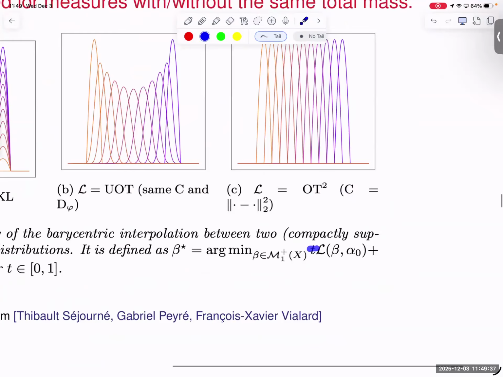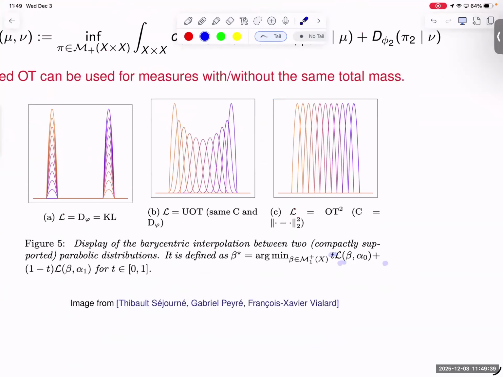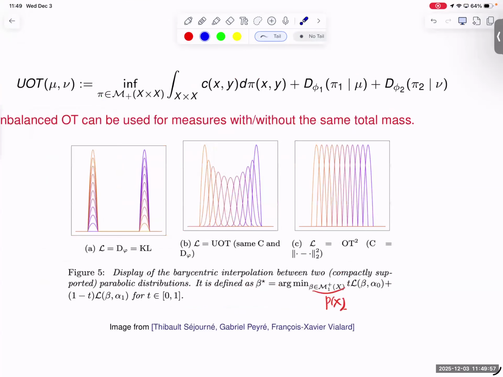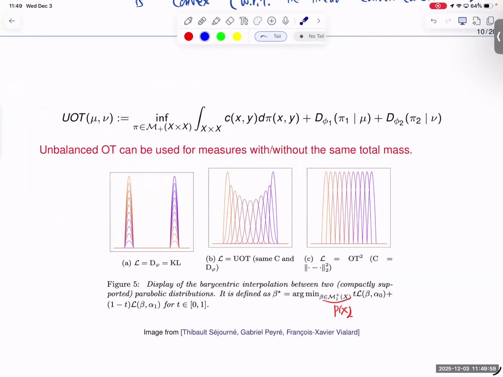Then such a thing in the two-marginal case is just this minimization, where we find that one among the probability measures. Then such displacement interpolation looks like this picture.